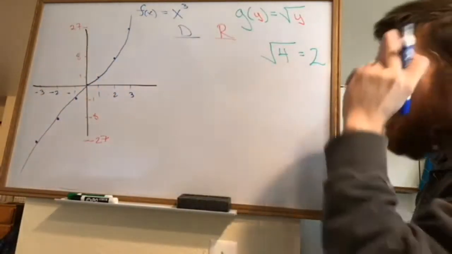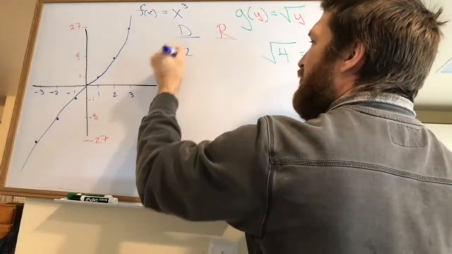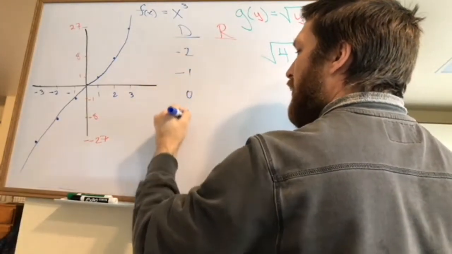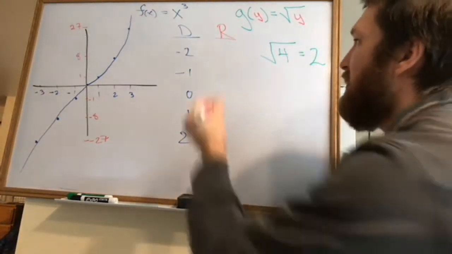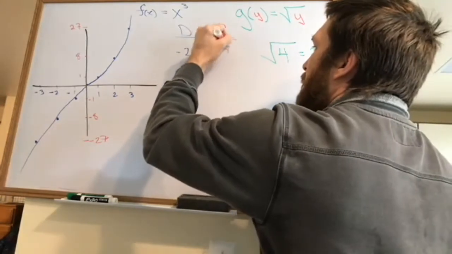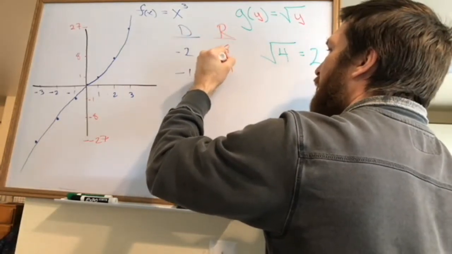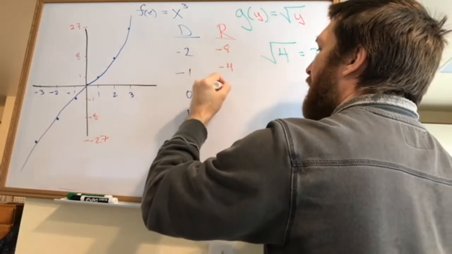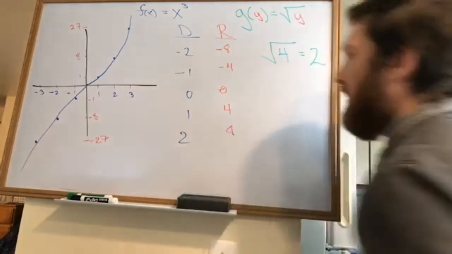Now, here's the interesting thing here. So we have, let's just do -2, -1, 0, 1, and 2. Those are going to get mapped to, let's do it this way, -8, -4, how about 0, +4, +8, and so on and so forth.